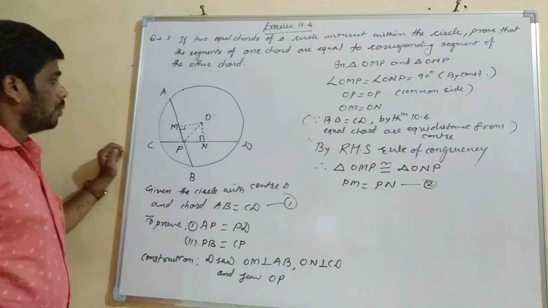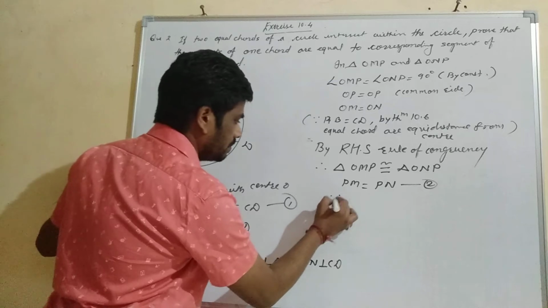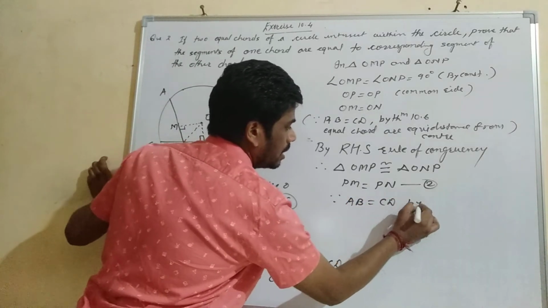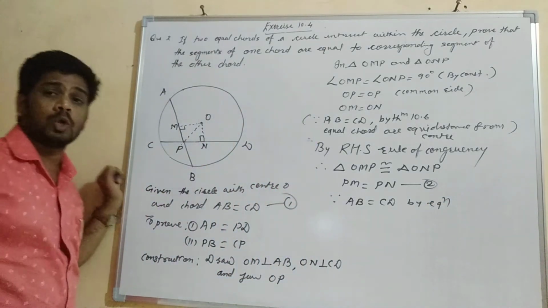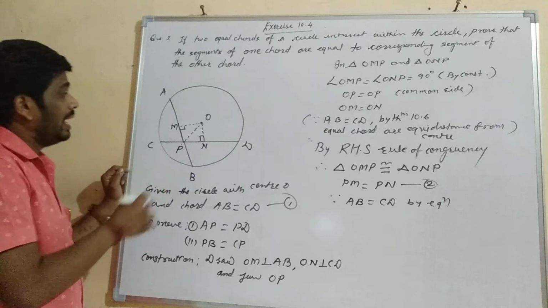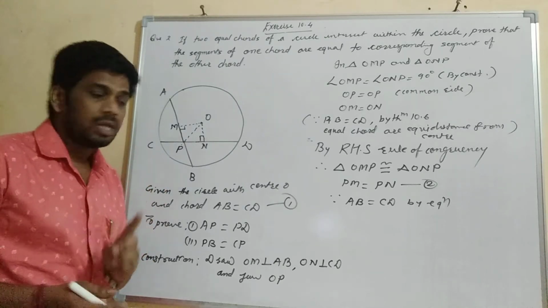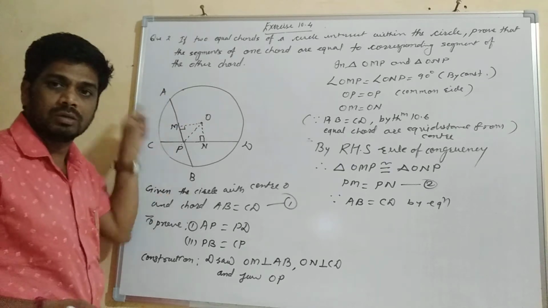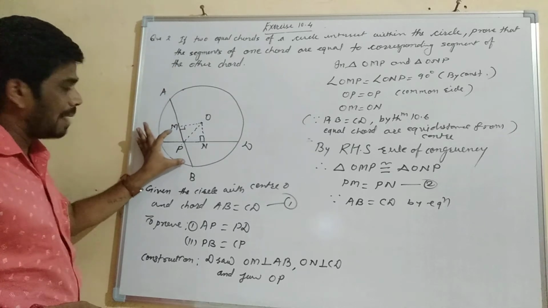Okay. Now we know that AB is equal to CD by equation 1. So half of AB will also be equal to half of CD, by theorem 10.3: the perpendicular drawn from the center to the chord will bisect the chord. So AM will be equal to MB.